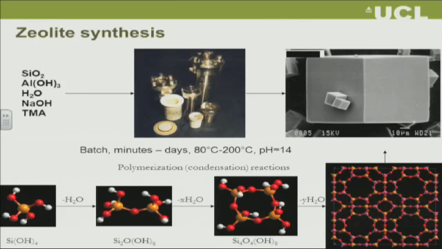We add caustic soda, and then, very interestingly, we add organic molecules, big molecules. And what we think happens is the silicons and aluminiums begin to link together, and they crystallize, they grow around these organic molecules that we chuck into the synthesis jar.